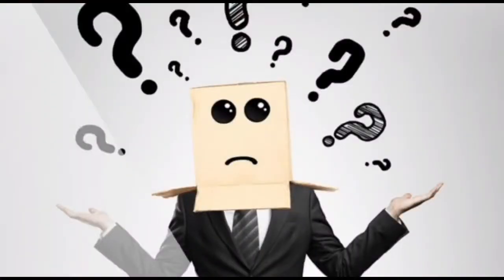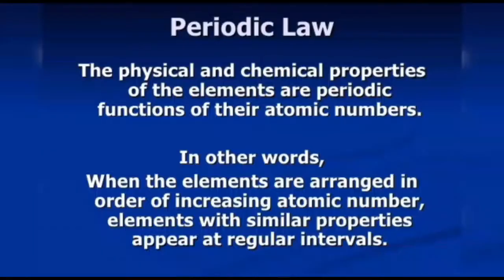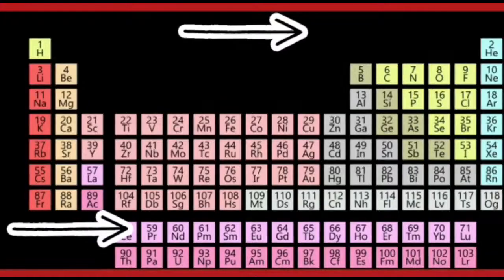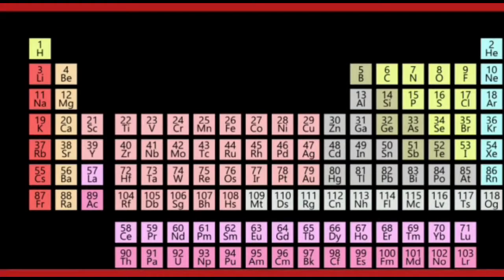Atomic number is symbolized by the letter Z. So, my law, which is called the modern periodic law, can be stated as follows: properties of elements are the periodic function of their atomic numbers. The elements classified based on atomic numbers are much more efficient because we can predict their properties easily when they are arranged in this way.